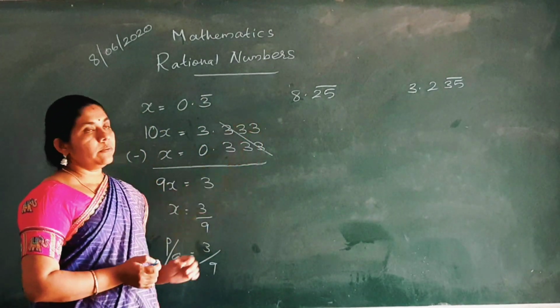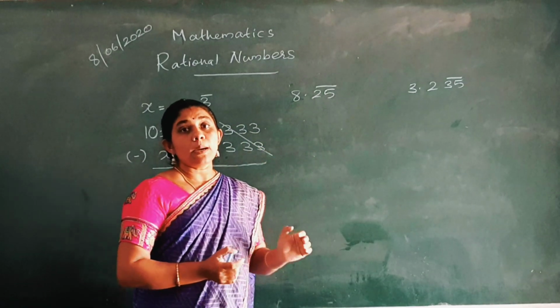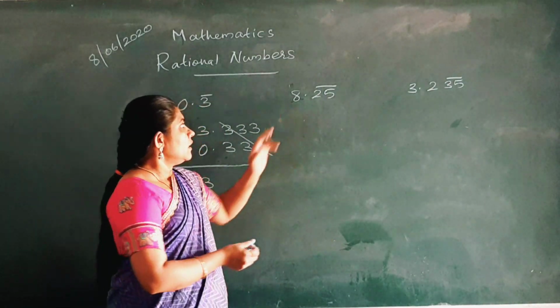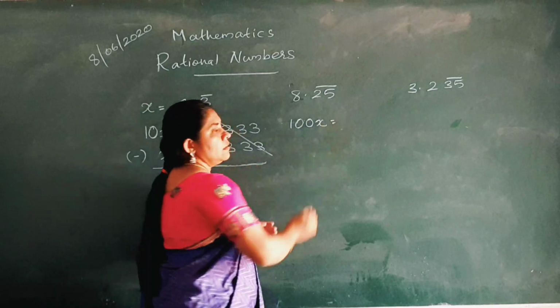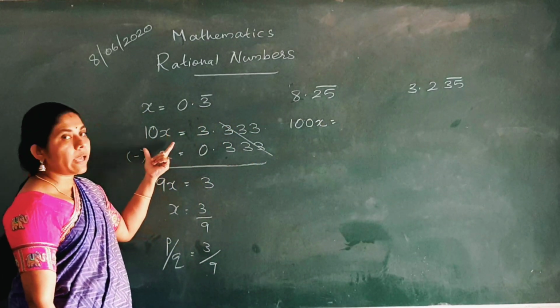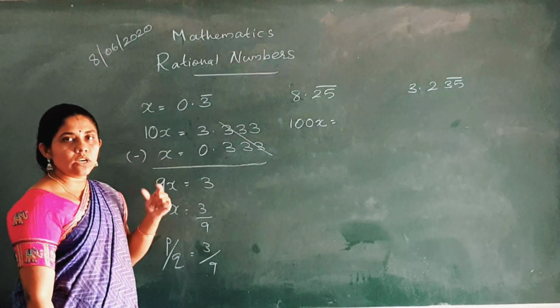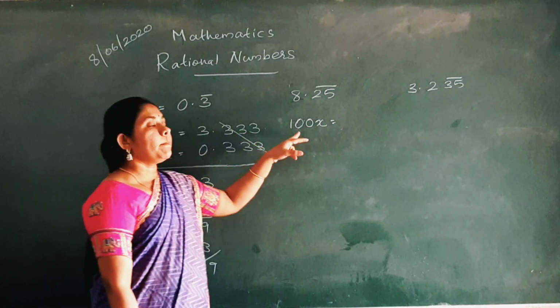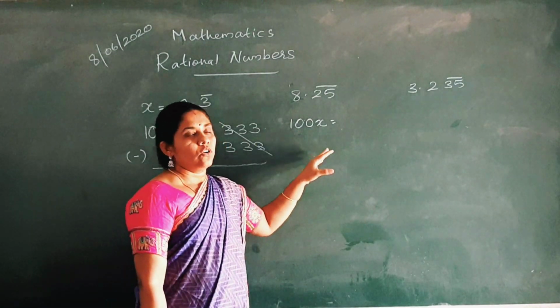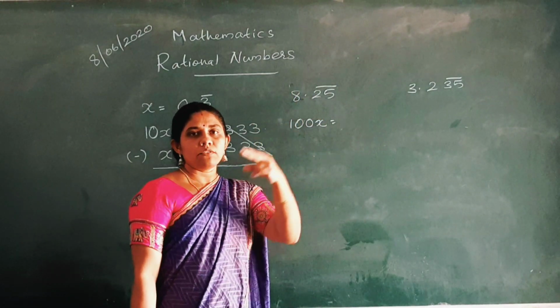See another number, where two numbers are repeating. Here we multiply by 100x. In the previous case we multiplied by 10x because only one number is repeating after the point. Here we multiply by 100x because there are two numbers after the point.